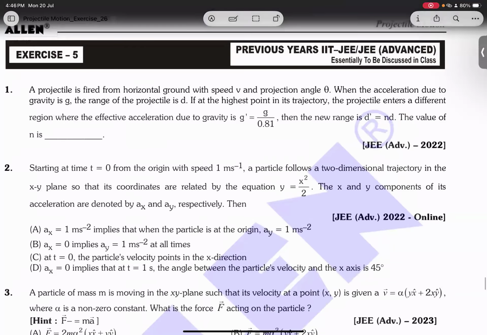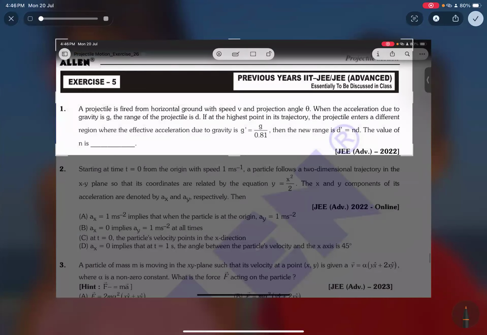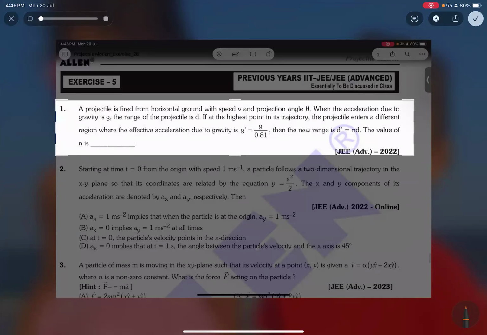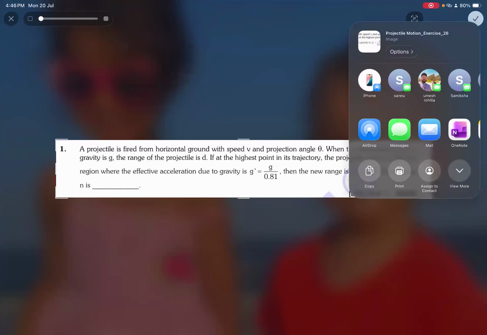So what is given here is that up to half part, the g is different, and for the remaining half part, the g is different.